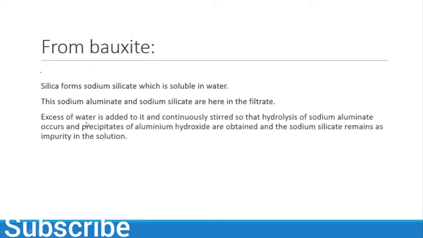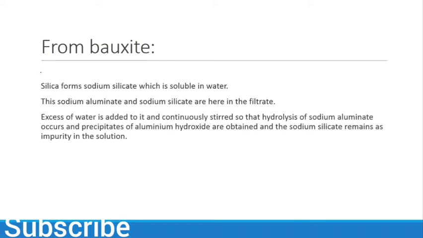Then excess water is added and continuously stirred so that hydrolysis of sodium aluminate occurs and precipitates of aluminum hydroxide are obtained, and the sodium silicate remains as an impurity in the solution. So it is easily separated.